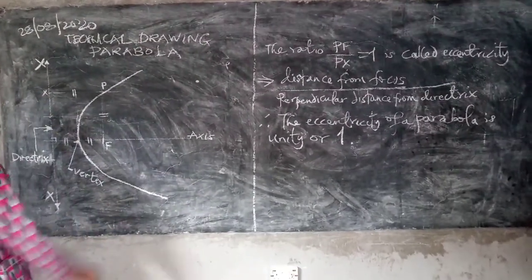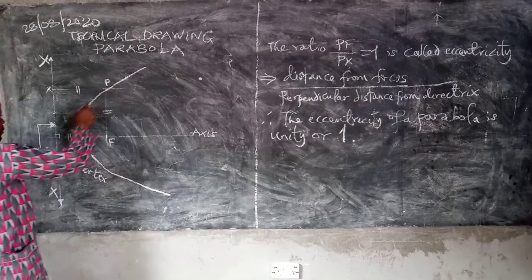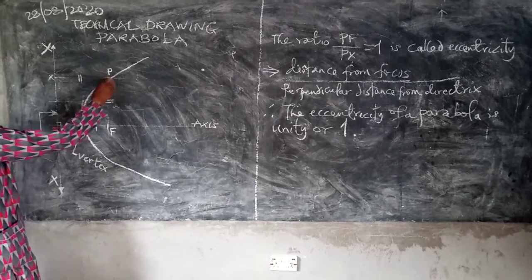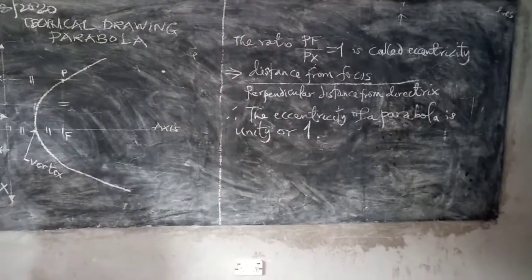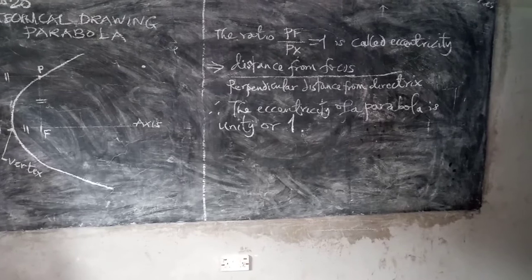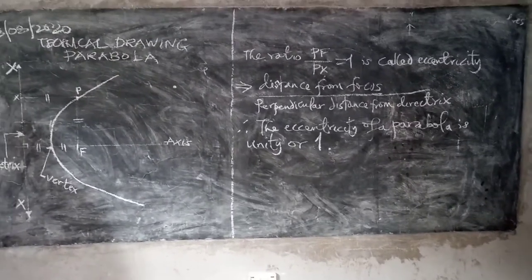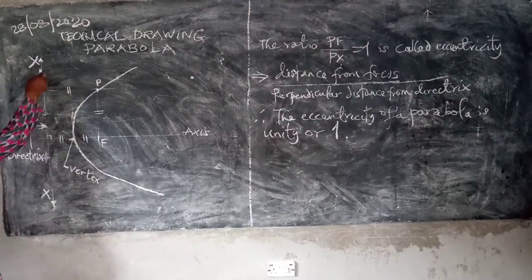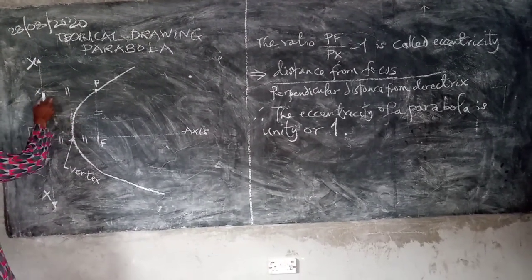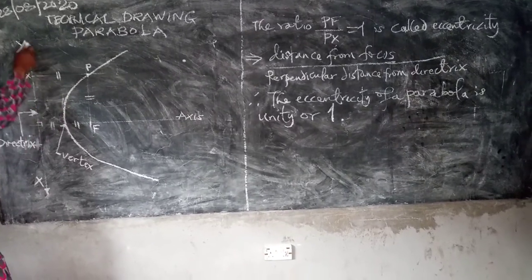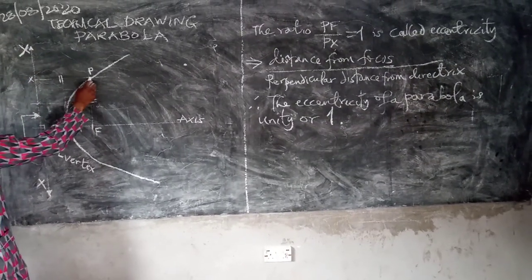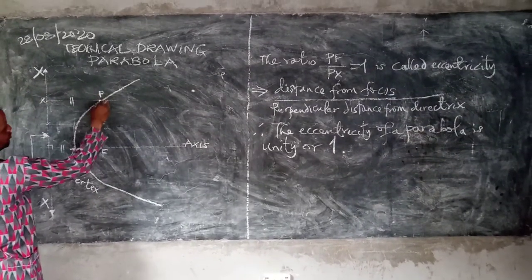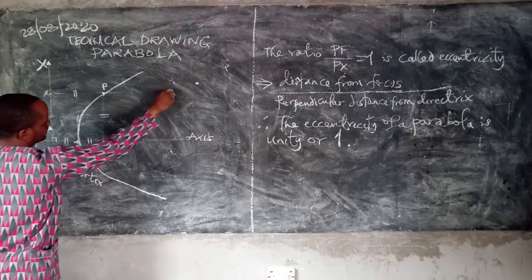Now, what we're trying to say is that when you pick a point on this parabola, I'm picking this point from this drawing. If you draw from this vertical line, which we call the directrix, and then we have this horizontal line we call the axis. If you draw a perpendicular from the directrix to this point, you can take note of that distance.